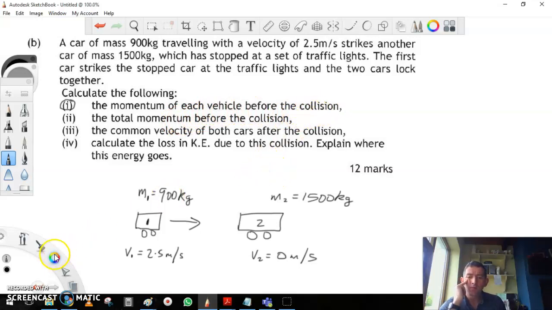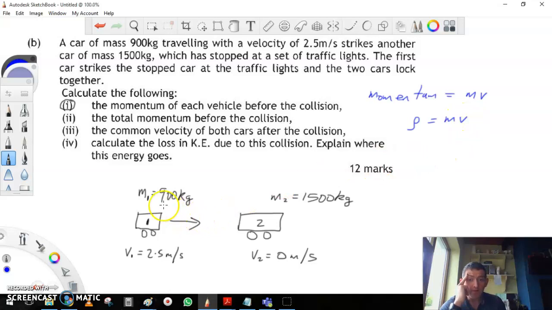Now, momentum is got by multiplying the mass by the velocity, m times v. Sometimes that's written with a Greek symbol like that, rho equals mv.